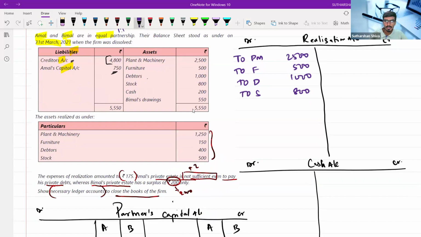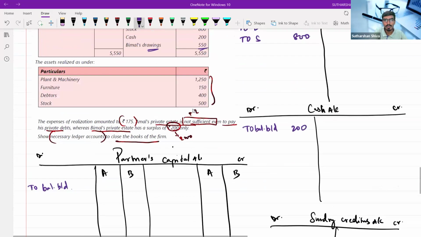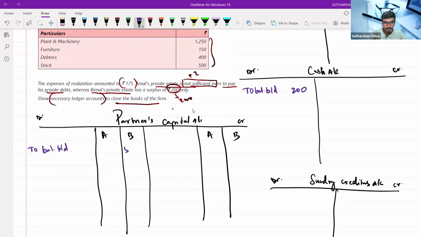Then cash is there. Go to the cash account and write to balance brought down, 200 is cash. To Bimal's drawings, this drawing should be directly transferred to the partners' capital accounts as it shows a negative value. So we will put to balance brought down and show the value over there, 550.